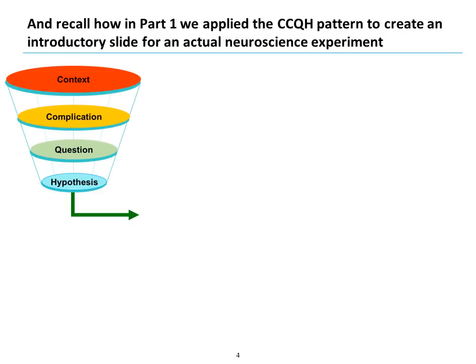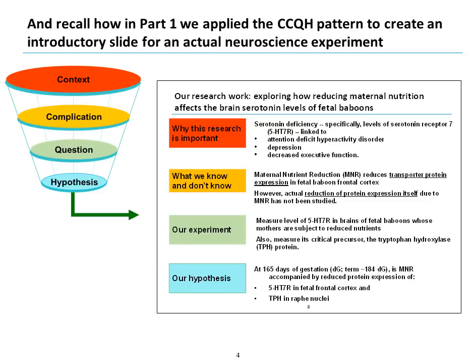And recall how in part 1 we applied the CCQH pattern to create an introductory slide for an actual neuroscience experiment. Our research work explored how reducing maternal nutrition affects the brain serotonin levels of fetal baboons, and we focused on each of the components. We looked at the context, why serotonin deficiency is linked to various issues, and then what we know and don't know: the fact that MNR reduces transporter protein expression, but the actual reduction of the protein itself was not known.